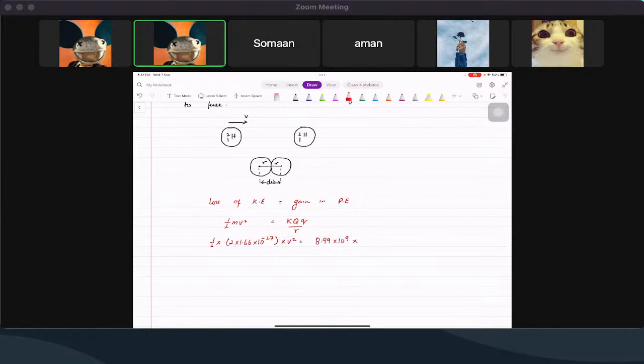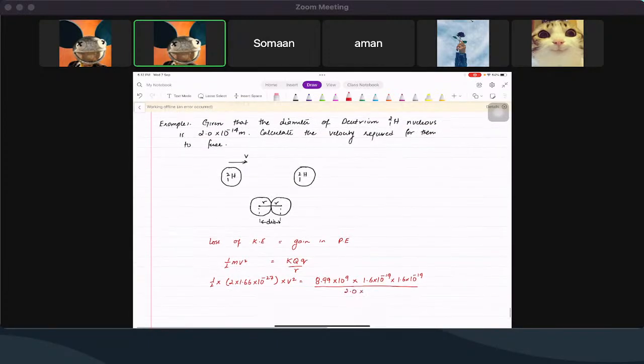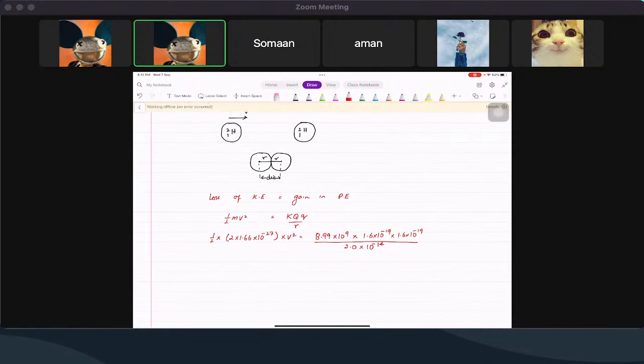The charge on both of them is 1e and 1e, so we're going to multiply 1.6 times 10 raised to minus 19 times 1.6 times 10 raised to minus 19, so they're two charges of the same value, divided by the closest distance that they're going to get, which is the diameter, 2.0 times 10 raised to minus 14 meters. So when you do that, you should end up with 1.9 times 10 raised to 6 meters per second. Is it clear, everybody? Let me know if you have a question, okay?